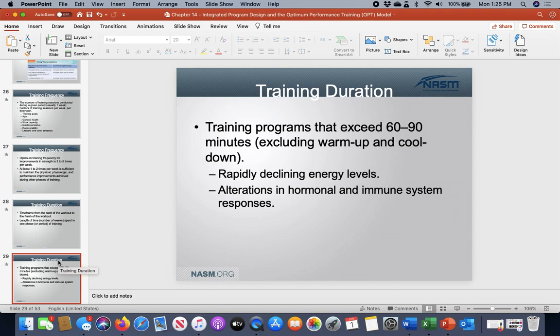You might be a competitor, you might be an athlete, but going over 90 minutes for the general run-of-the-mill person is starting to exceed a threshold that you don't need, because you're basically going to end up with a person who probably does not have the right work capacity, number one, and then number two, their body is not ready to do that, and they start to see diminished effects past that 90-minute mark.